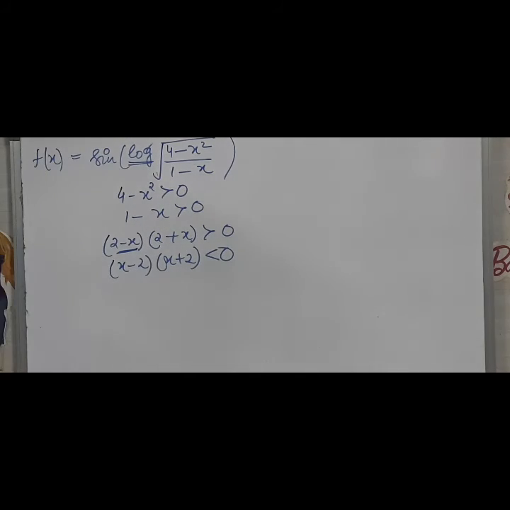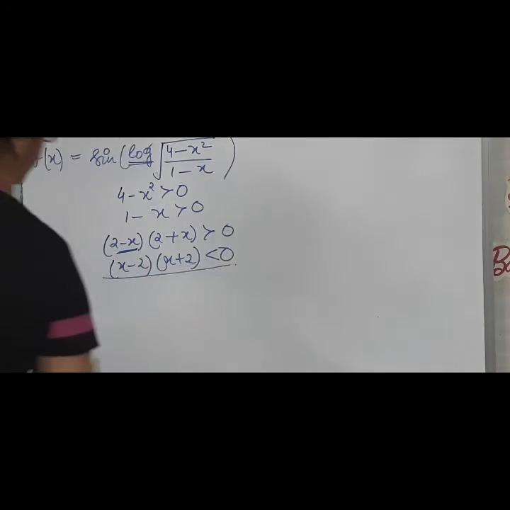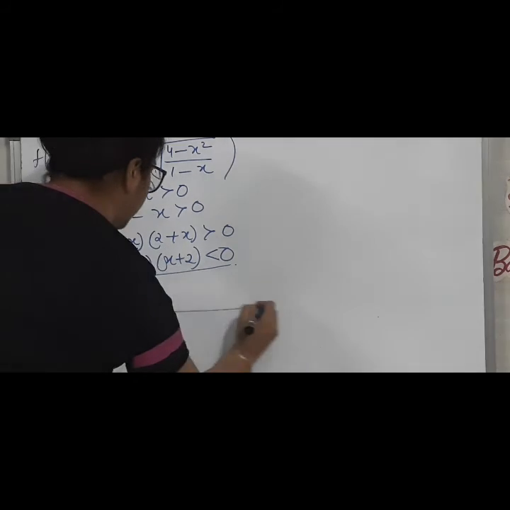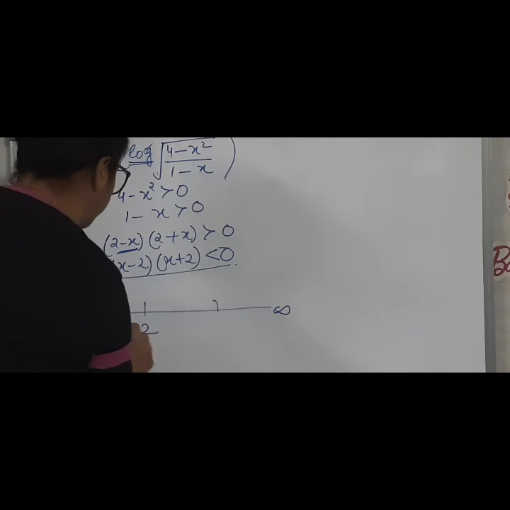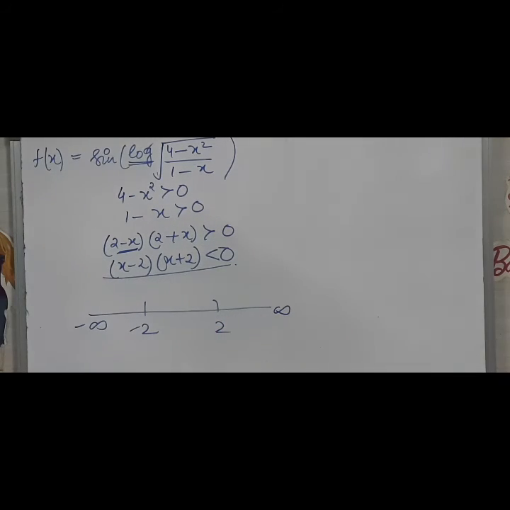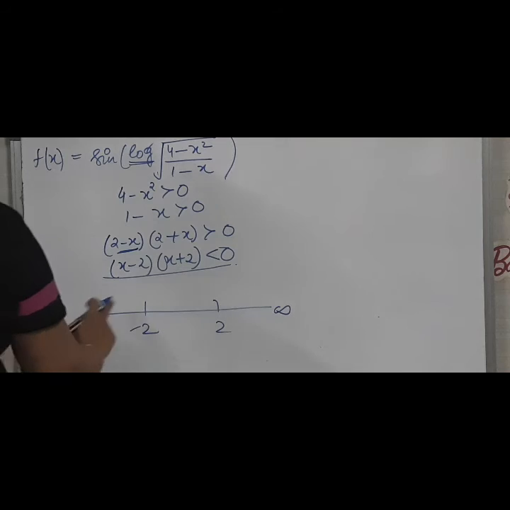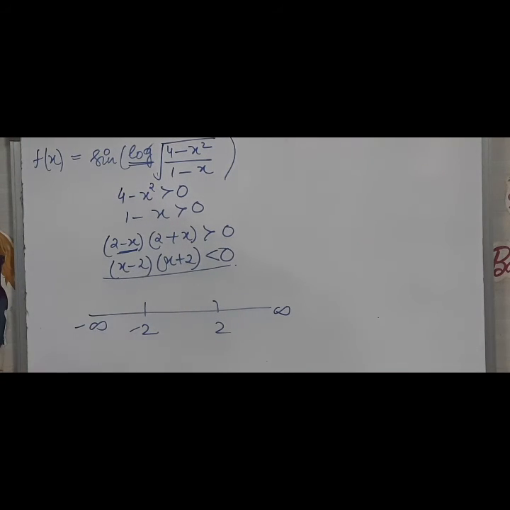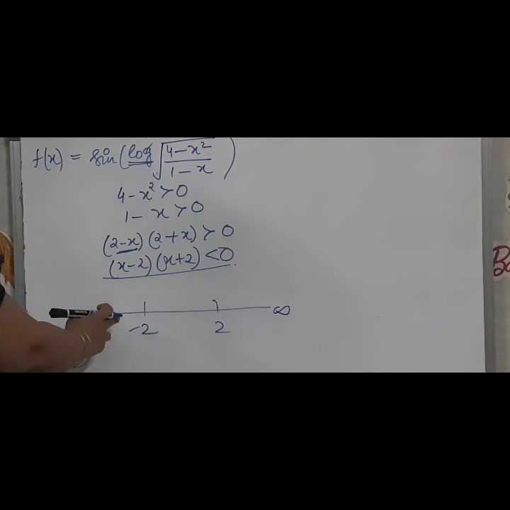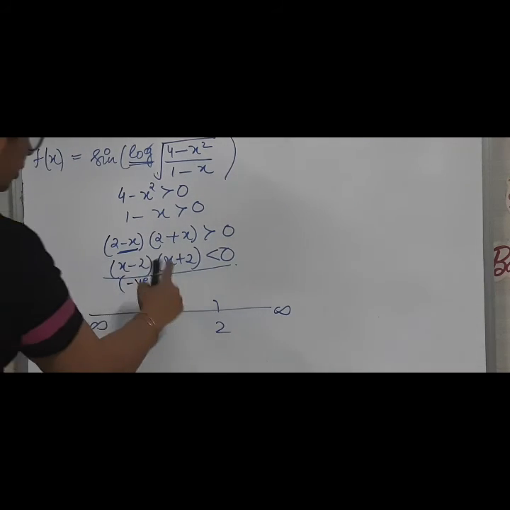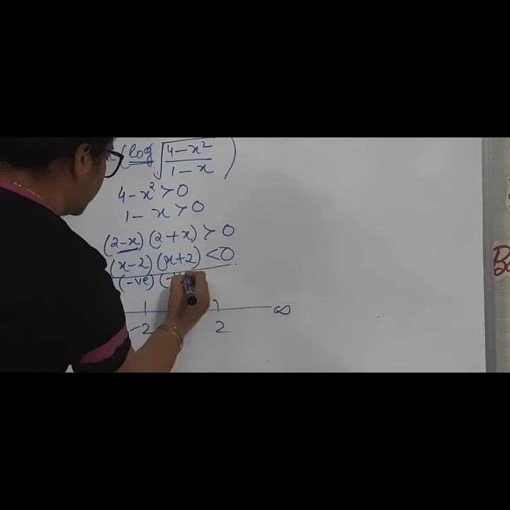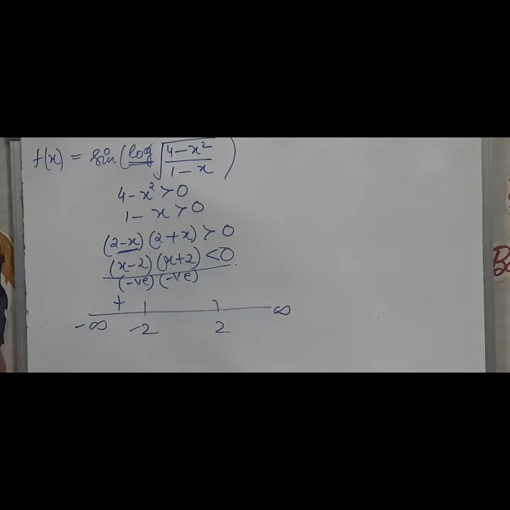Now I got this part. My condition is this only, which means I need to check it with the 1. The critical points are minus 2 and 2. Let's take some values. Minus infinity to minus 2: let it be minus 3. If I take minus 3, it becomes negative, and here also it becomes negative. That becomes positive.